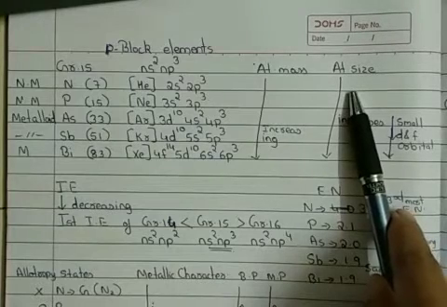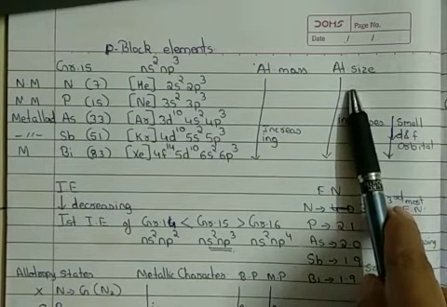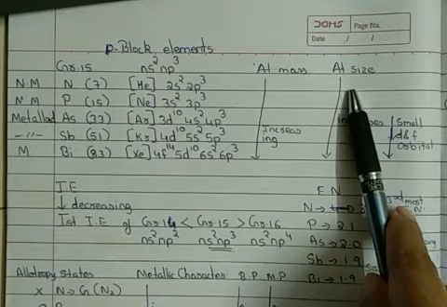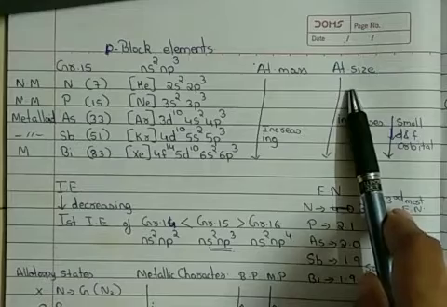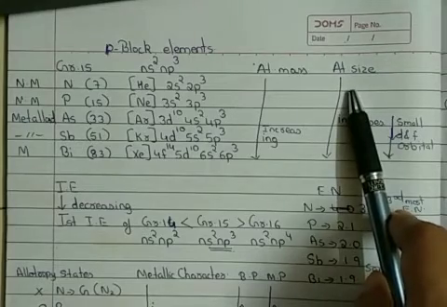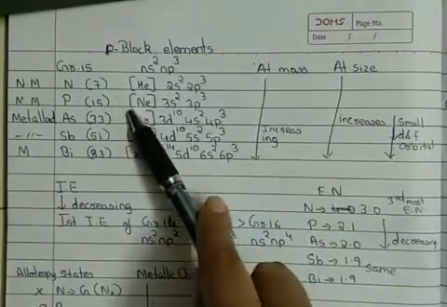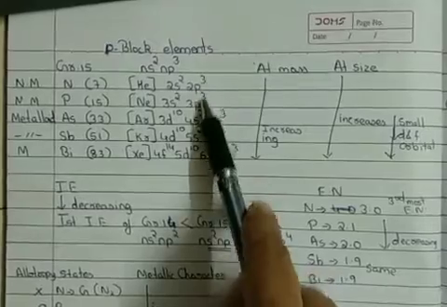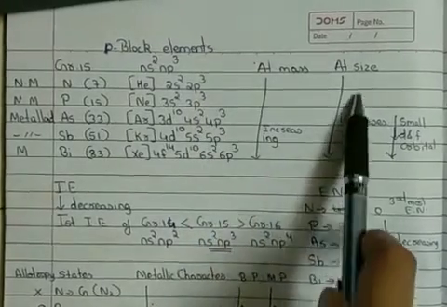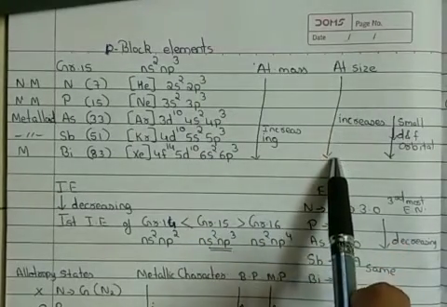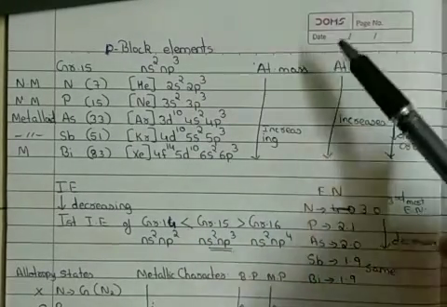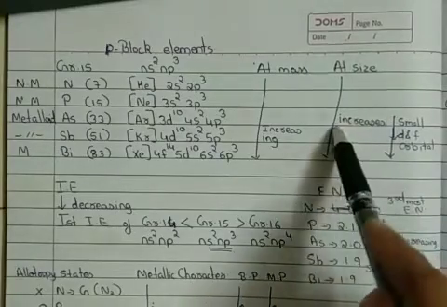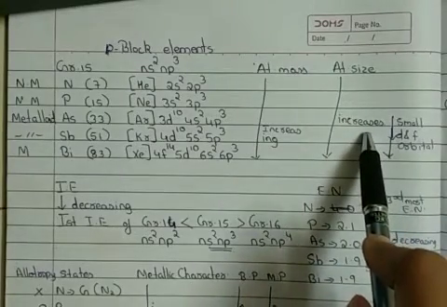Second is atomic size. What is atomic size? It is the distance between the center of the nucleus and the outermost shell. Now with every element going down, the number of shells is increasing. So definitely the atomic size will also go on increasing. So in group 15, down the group, atomic size goes on increasing.